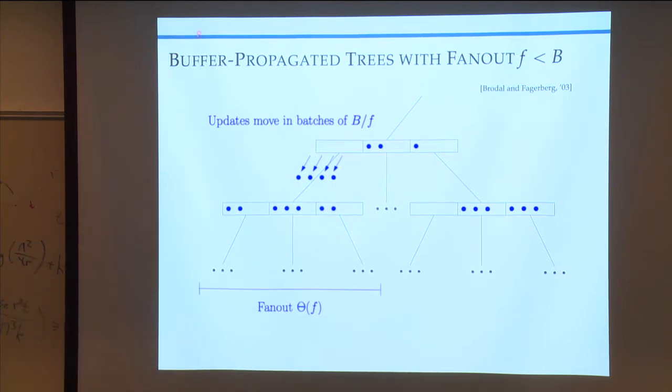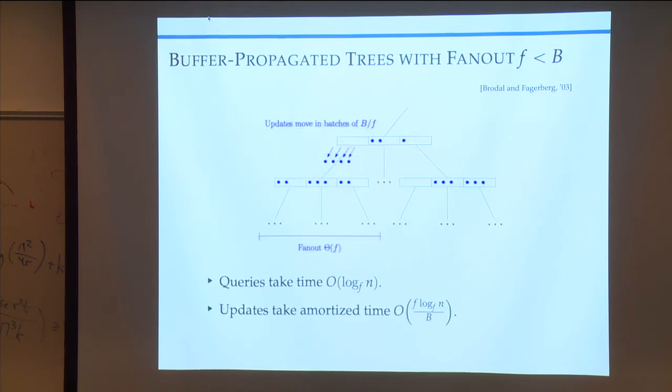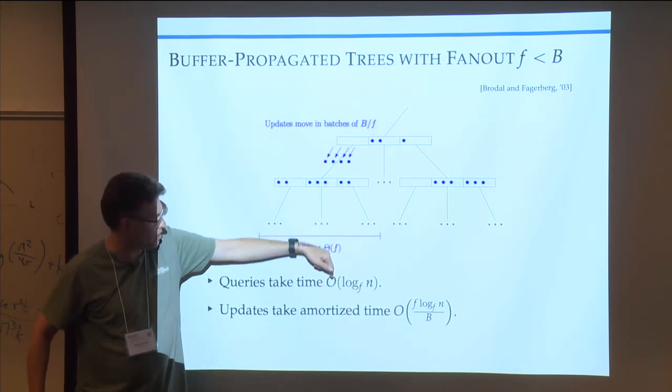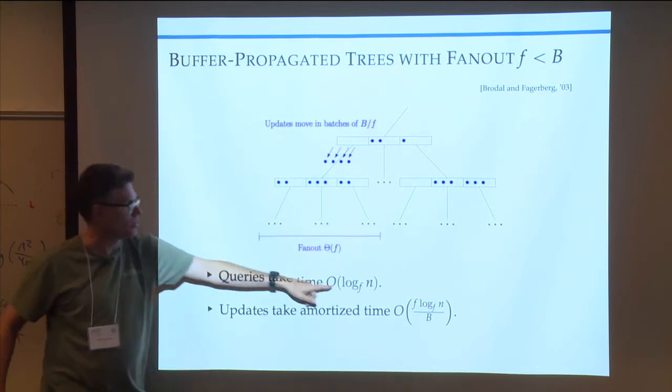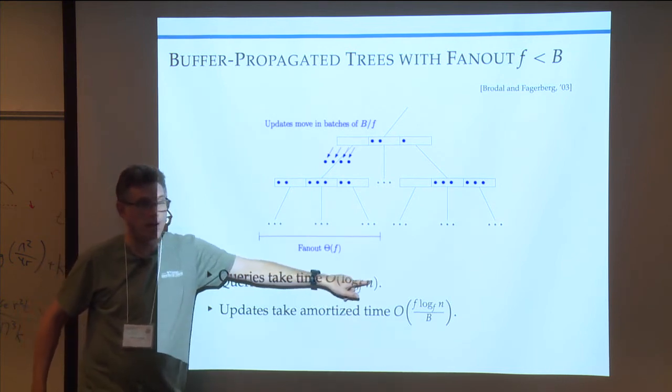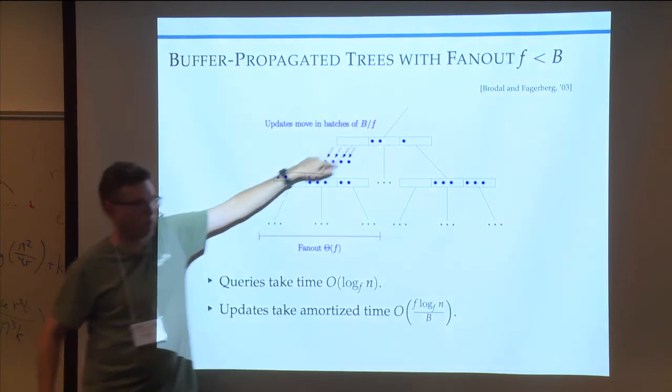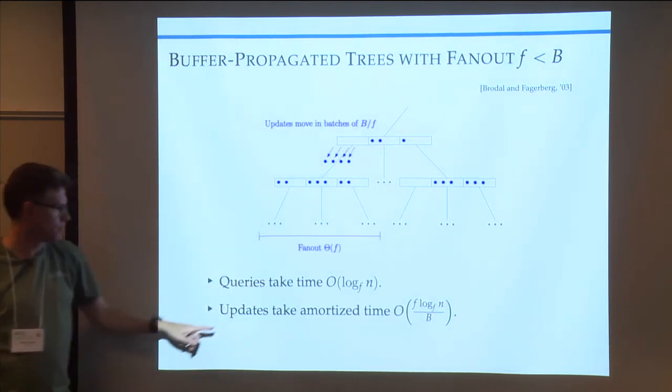So queries take time the height of the tree, which is log base the fan out of n. You just search in all the buffers on the way down to the leaves.